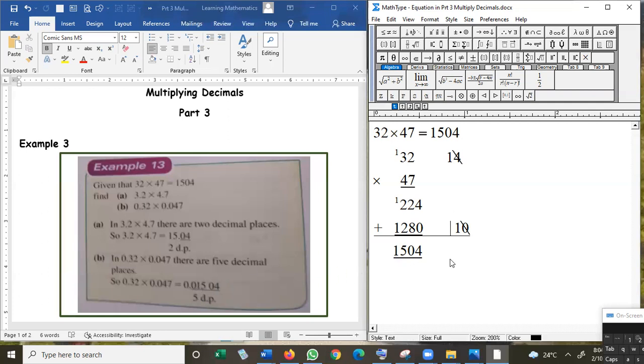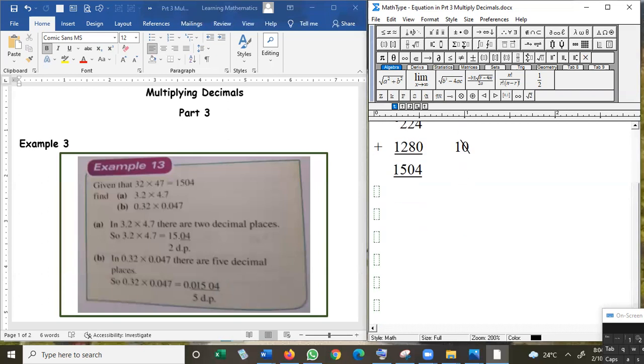So for example, let's make our own example. Let's say we want to multiply 0.00032, the same 32, times 0.047.